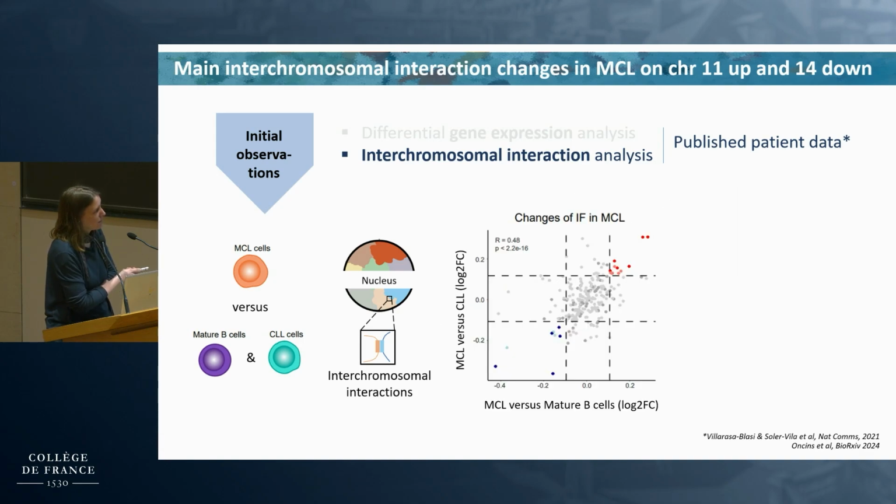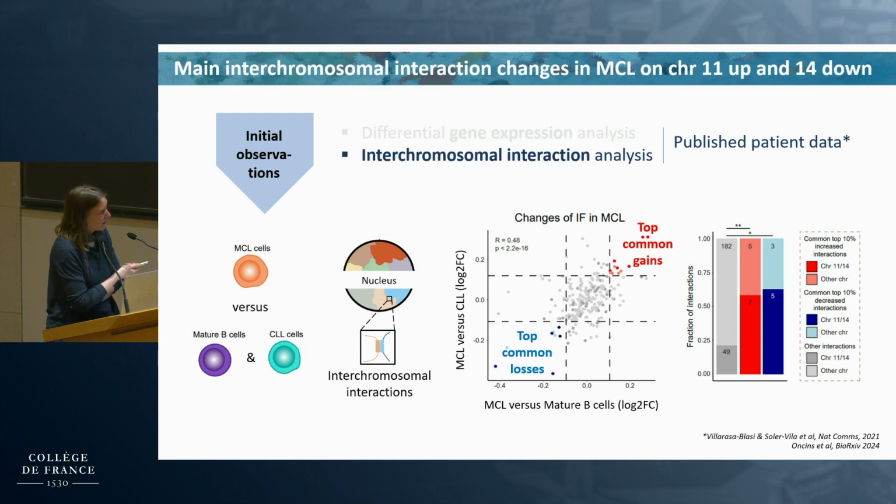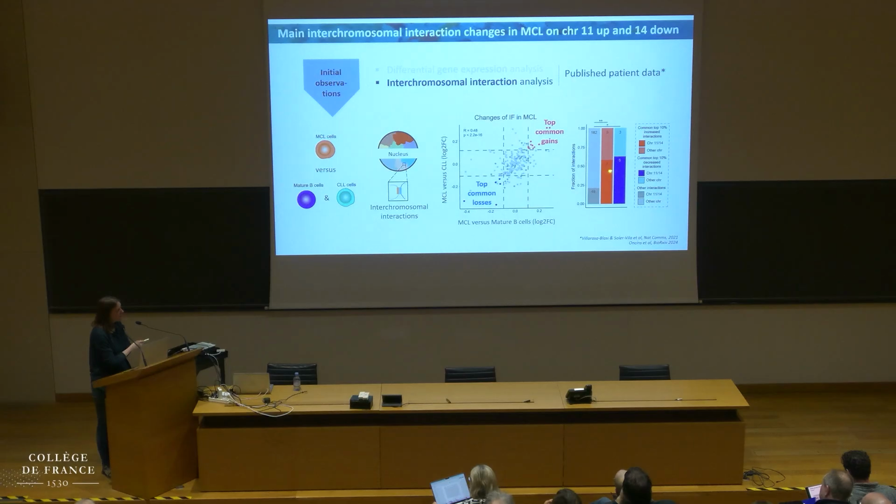This is mantle cell lymphoma versus mature B cells, and this is versus CLL. And then you can see that we can identify the top common gains of interactions and the top common losses of interactions. And if you look at the distribution, you can see that these top common gains and losses affect chromosomes 11 and 14 more frequently than by chance. So there's a change in the interchromosomal interaction landscape on chromosomes 11 and 14 beyond just the translocation itself.